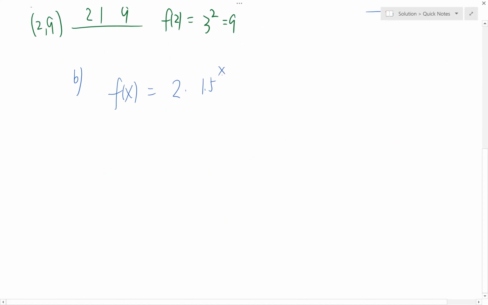And here you cannot multiply 2 and 1.5. You cannot simplify it as 3 to the x power. It's different. The exponential part and the constant are separate, so you cannot combine them.